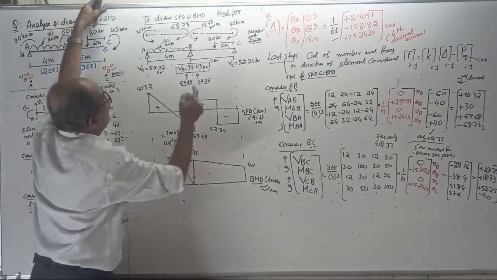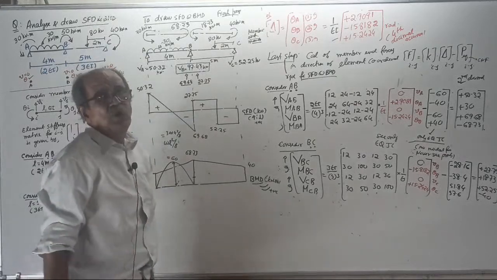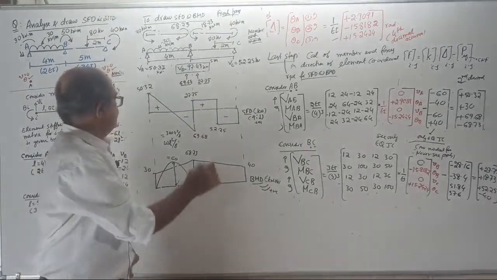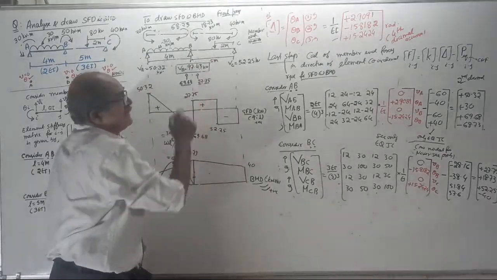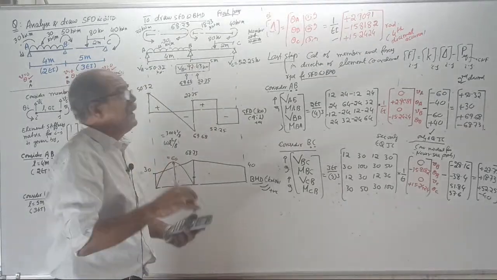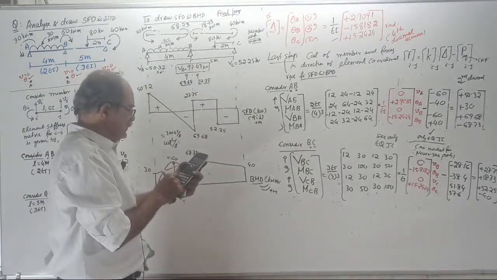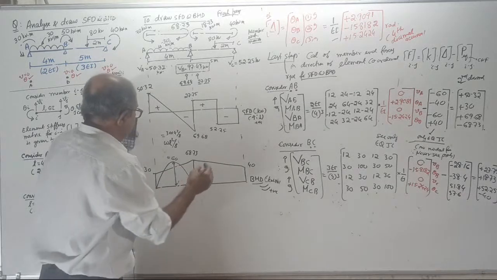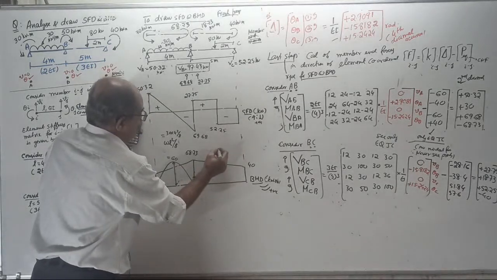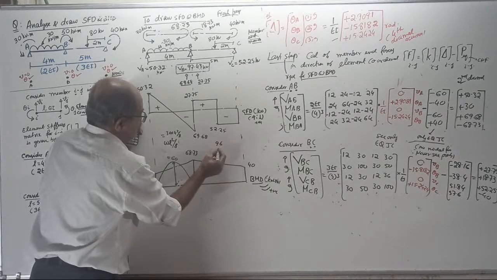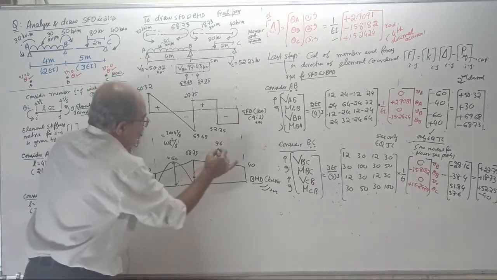Then here, eccentric point load, the bending moment diagram will be 0, 0, and under the load WAB by L. That is 80 into 3 into 2 by 5. It will come 96. 96 will come somewhere here, straight line.